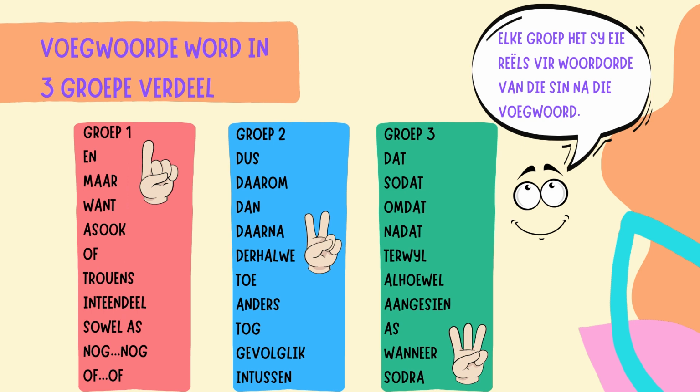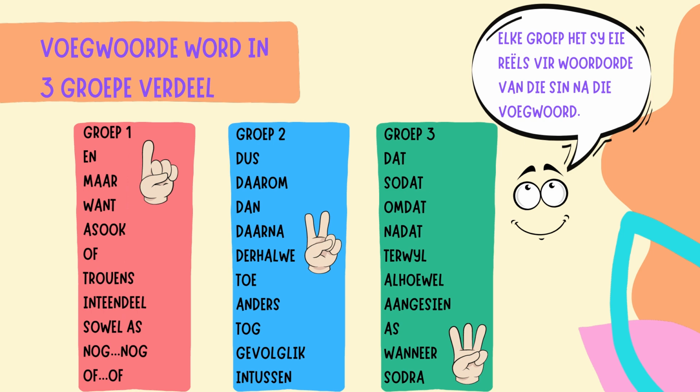Group 2 conjunctions: dus, daarom, dan, daarna, derhalwe, toe, anders, toch, gevolglik en intussen. So therefore, then, thereafter, besides, when, otherwise, still, as a result of, and in the meantime are all group 2 conjunctions. Let's look at the conjunctions that belong to group 3.